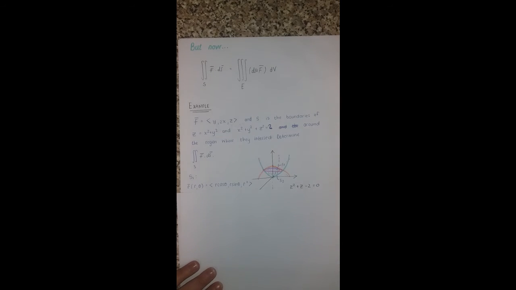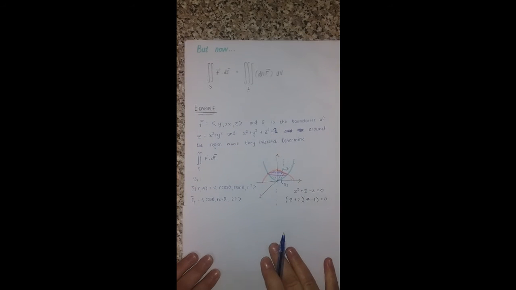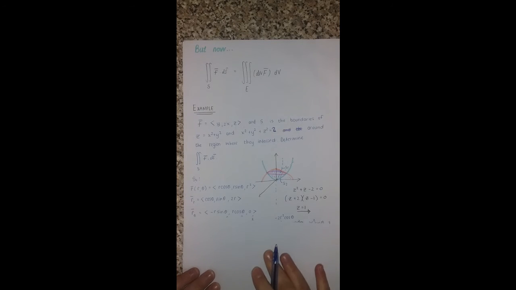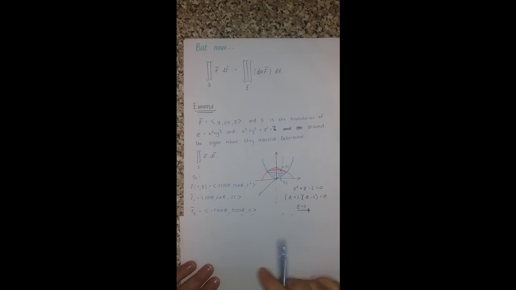Let's say you use cylindrical coordinates. And then you have r cos theta, r sin theta, r squared. And then you get the partial derivative of that towards r, which is cos theta, sin theta, and 2r. And then you get it towards theta, which is just negative r sin theta, r cos theta, and 0.